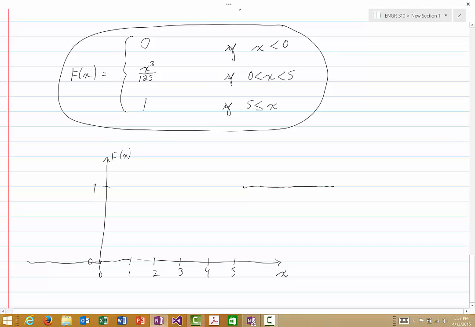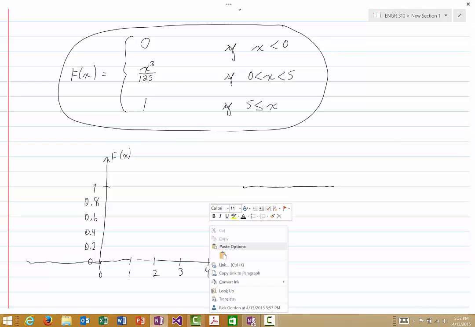Let's see. So we have 0.512, so let's see. I guess this would be 0.2, 0.4, 0.6, 0.8, and so this would be roughly there.